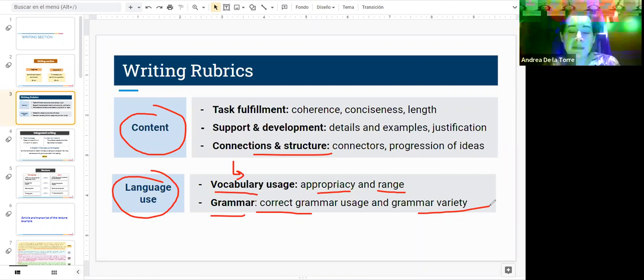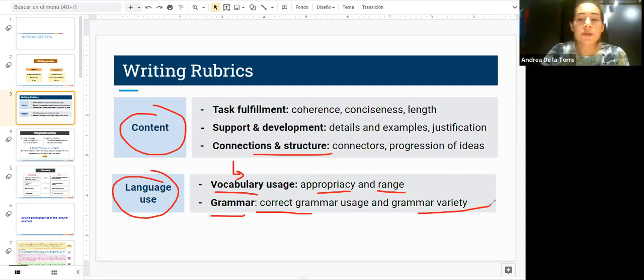So what does that mean? That means that you need to show that you can use different grammar structures. So if everything you write is just simple present, simple sentences, you're not showing any variety in the grammar you're using. You're just using simple sentences and one tense, and you're not showing this variety.